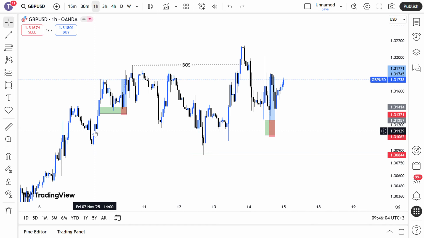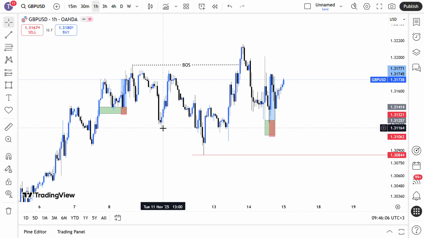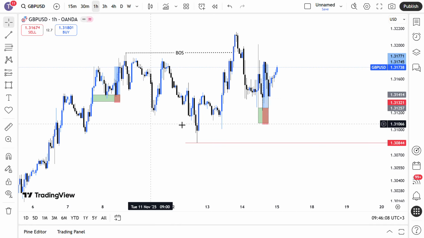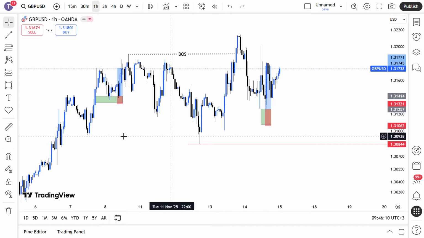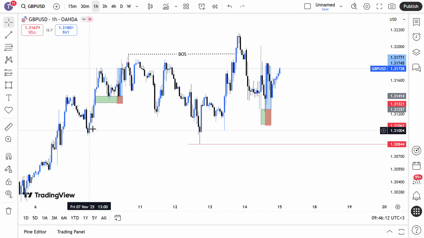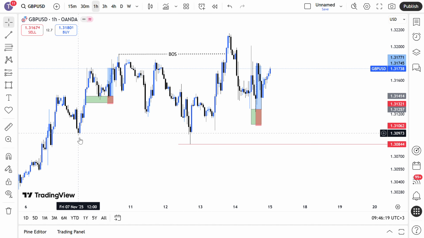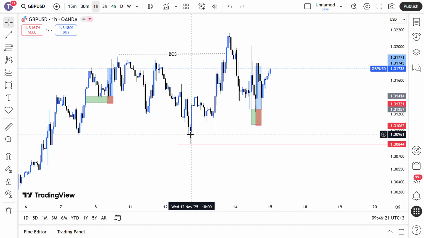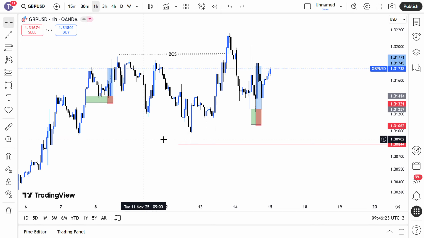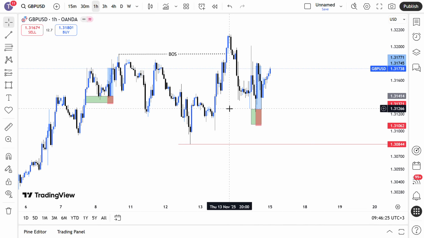I thought the price could have reacted from taking this lows liquidity, but instead the market went even lower to take this lows liquidity, because you can clearly see this low did not sweep any liquidity on this side. So I think that is the main reason why price swept this lows liquidity, and then price moved to the upside with very good momentum.